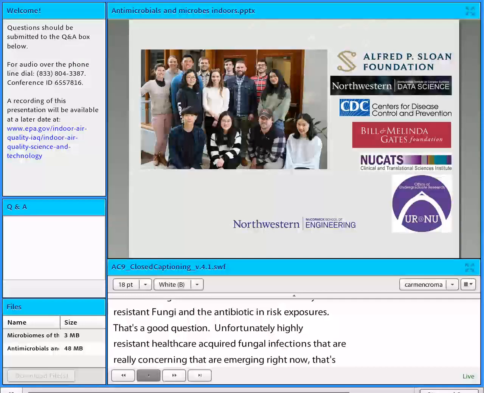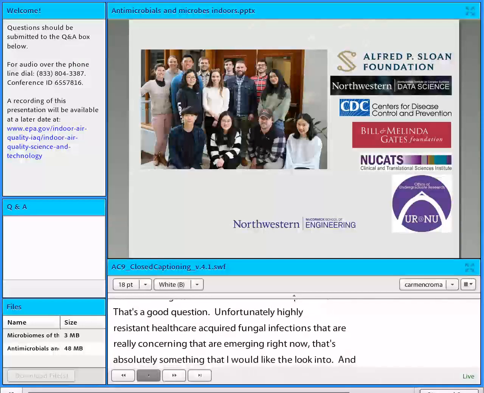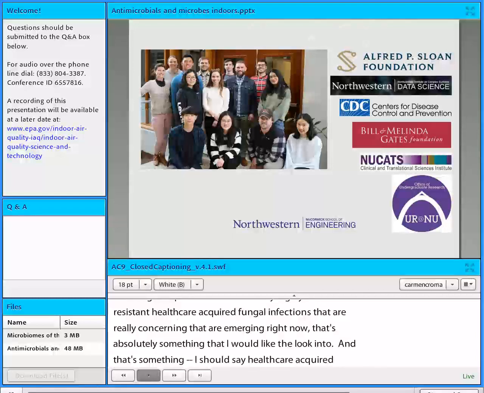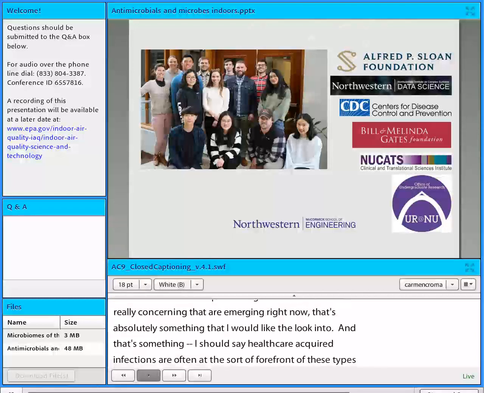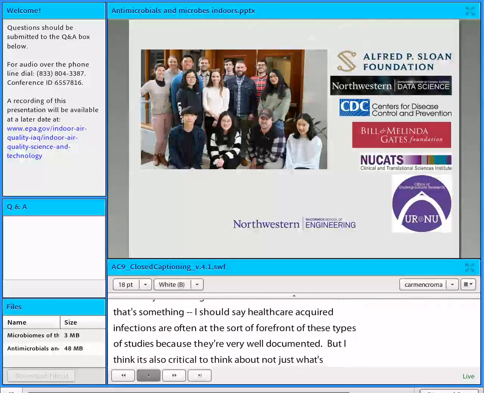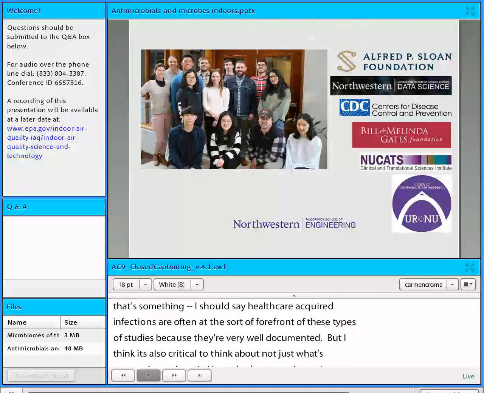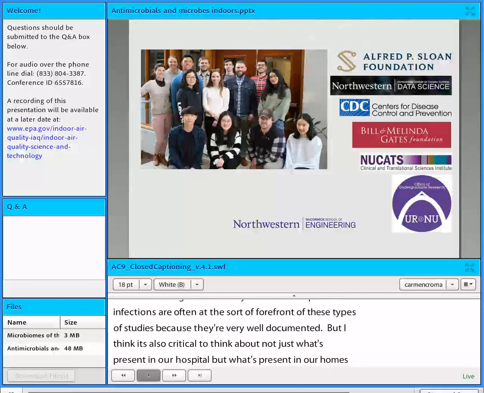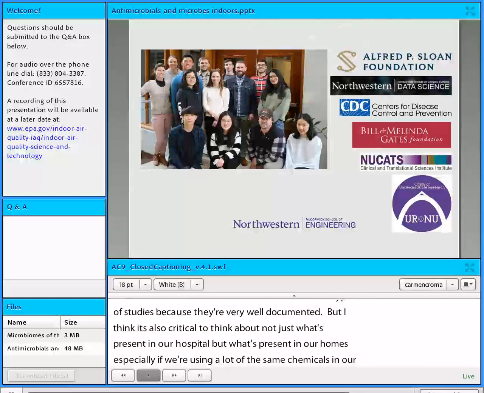I should say, healthcare-acquired infections are often at the forefront of these types of studies because they're very well documented. But I think it's also critical to think about not just what's present in our hospitals, but what's present in our homes, especially since we're using a lot of the same chemicals in our hospitals and in our homes.